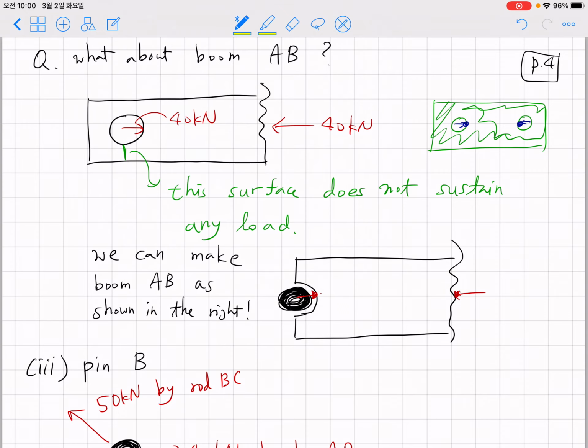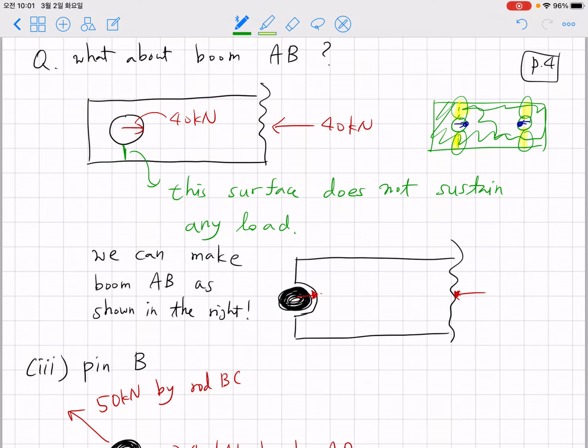If you think about how much force would act on here and there, what you can realize is that you don't need to worry about the force except the gravity. There is no force that this yellow surface should sustain, right? Because this is under compression. So you don't need to worry about the safety of this zone and that zone, as we have done for rod BC.